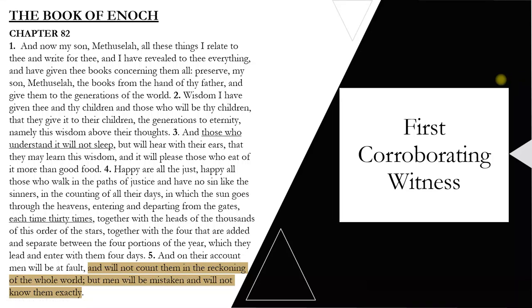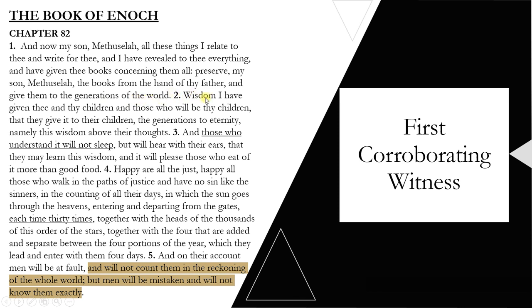It's in chapter 82. And now, my son Methuselah, all these things I relate to thee and write for thee, and I have revealed to thee everything, and have given thee books concerning them all. Preserve, my son Methuselah, the books from the hand of thy father, and give them to the generations of the world.